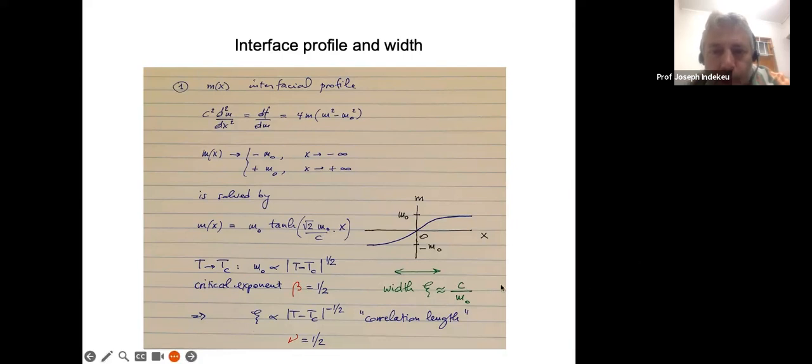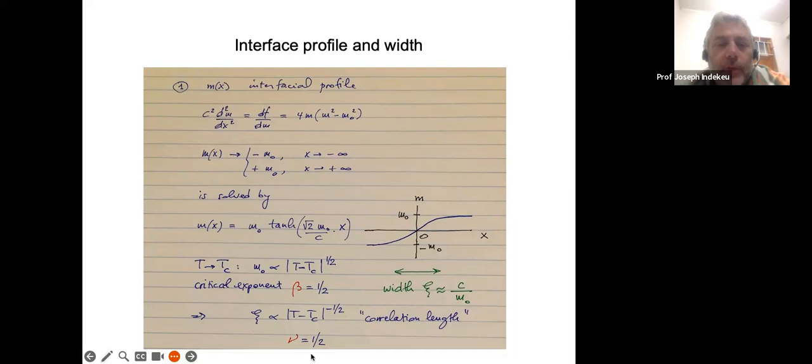But m0 is this spontaneous value of the order parameter, and that has a temperature dependence. So we recall that m0 varies as (T minus Tc) to the power 1/2. So it vanishes as we approach Tc. The critical exponent of m0 is 1/2 in this simple mean field model. And so we notice that the correlation length actually varies as 1 over the order parameter, and therefore it has a divergence of (T minus Tc) to the minus 1/2.